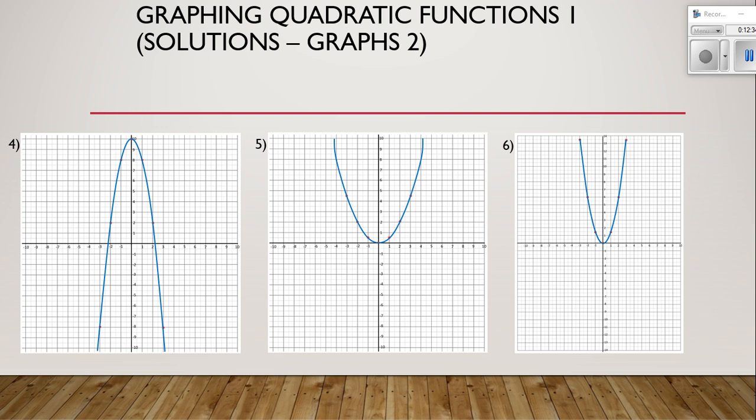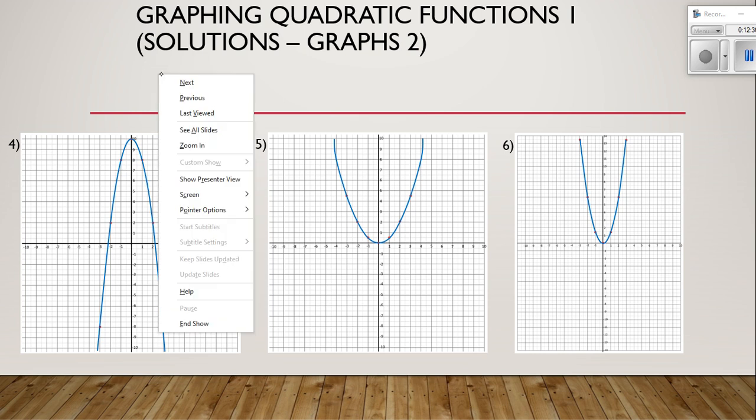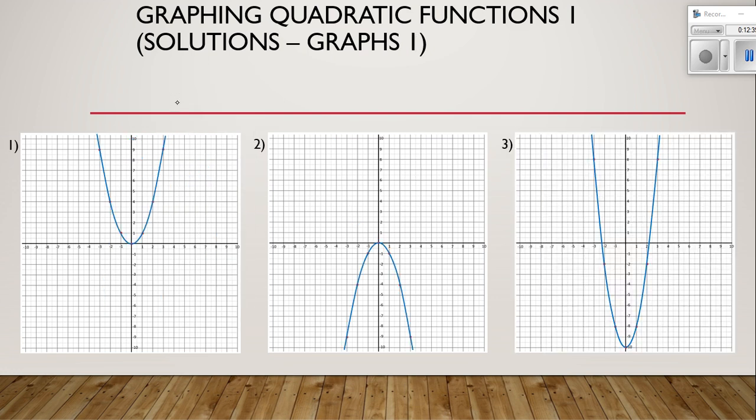So now I asked you to think about our x and y values, right? And I'm just going to talk through them. So here on our graph 1, our minimum would be y is 0, right? Our solutions is where we only have one solution, sometimes called a trivial solution, where x is equal to 0. Next, we have a maximum where y is equal to 0, and our solution again is x equals 0.